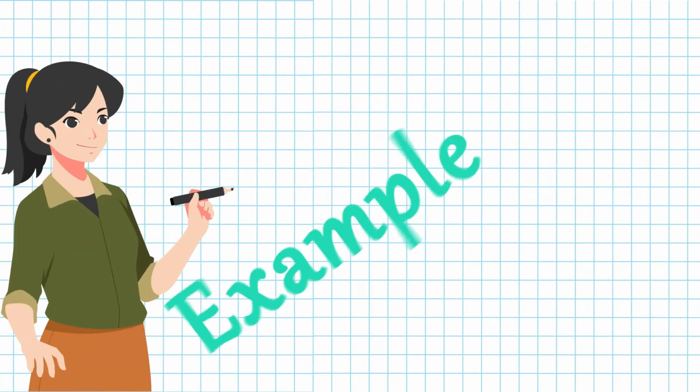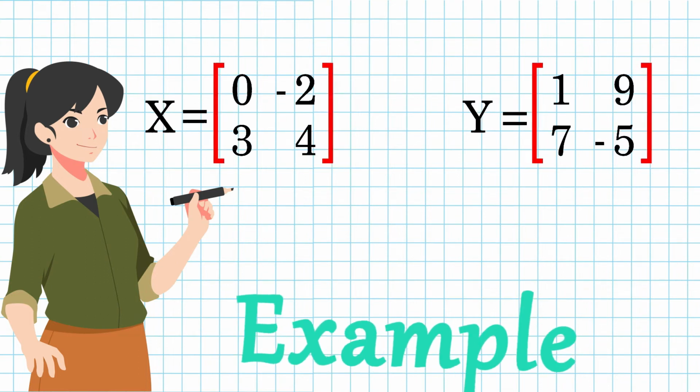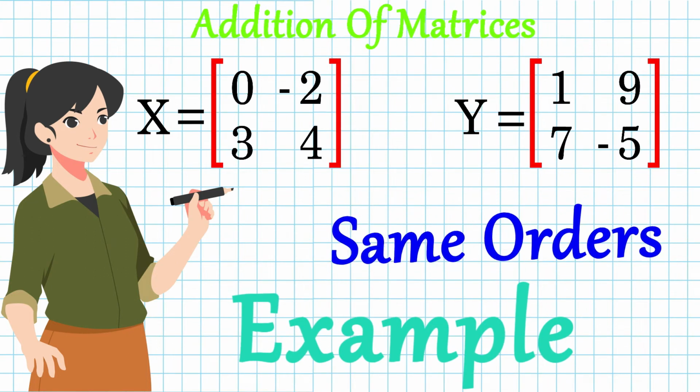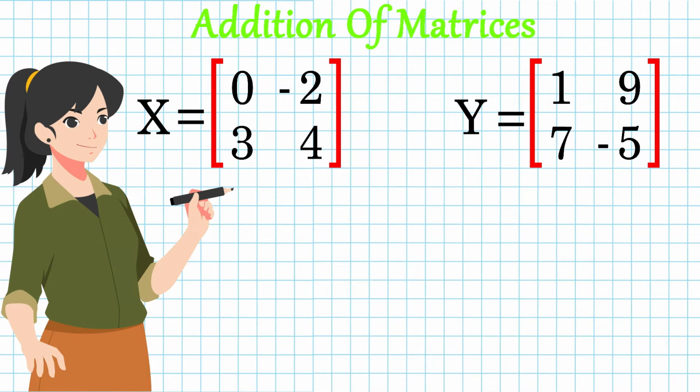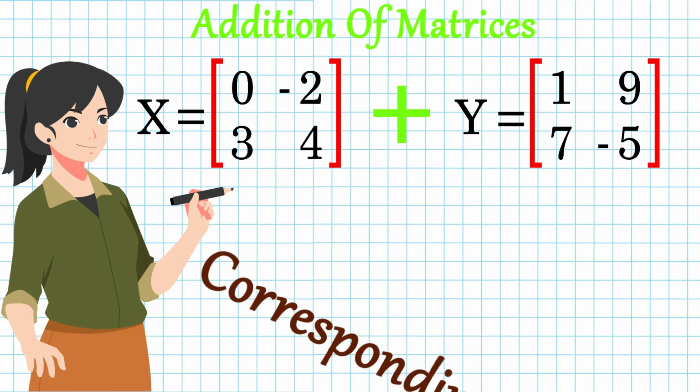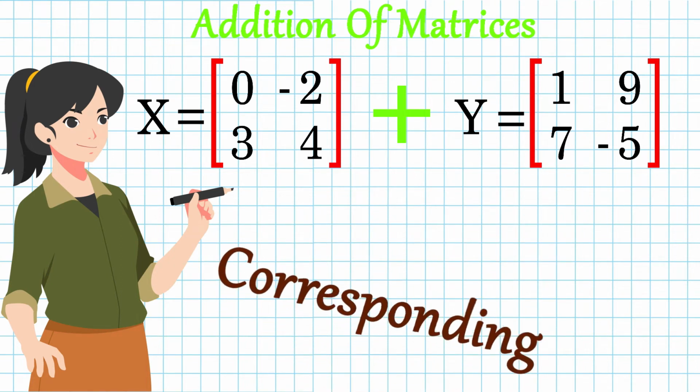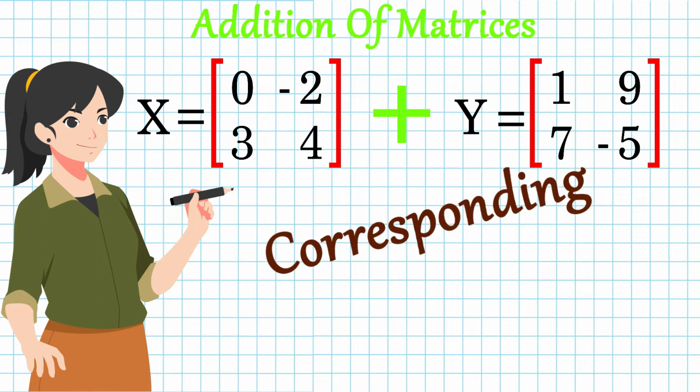Let's go back to our example where we had the matrices with same orders and understand how addition of matrices is done. We are going to add them by adding corresponding elements of both the matrices. A new word, corresponding elements.